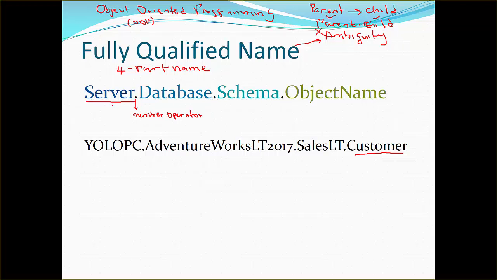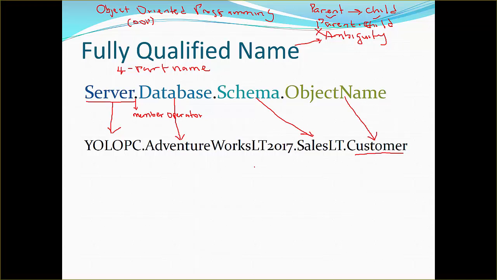To get to the customer table in the AdventureWorks database, all we need to say is YOLO PC dot AdventureWorks LT 2017 dot sales LT dot customer, meaning the server name is YOLO PC, the database name is AdventureWorks LT 2017, the schema name is sales LT, and the object's name is customer.